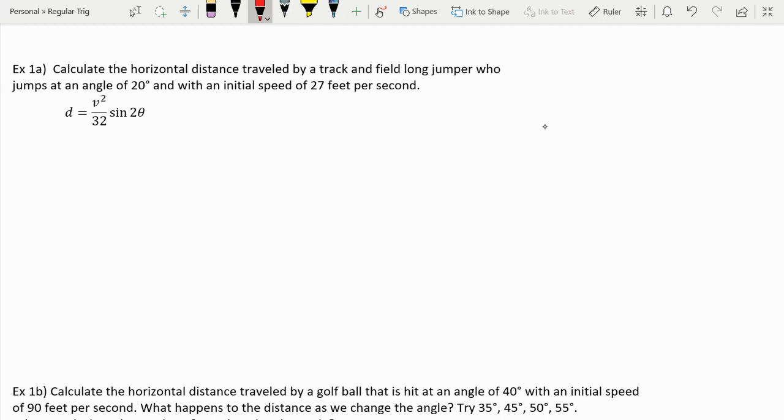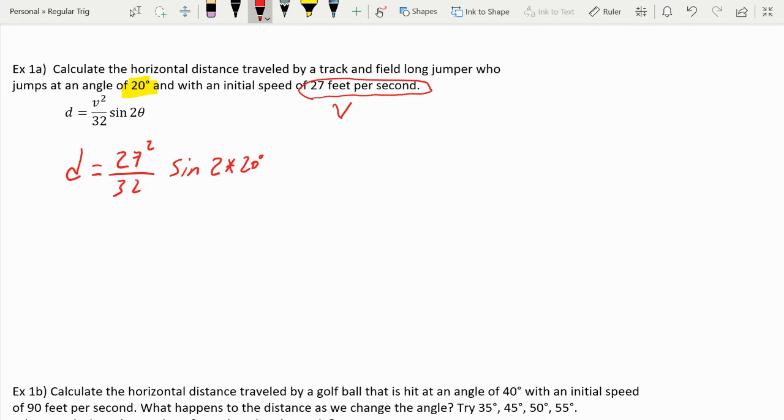Right here's speed, so there's my velocity. Right here's my angle, so there's theta. So let's plug in. d is equal to 27 squared over 32 times the sine of 2 times 20 degrees.